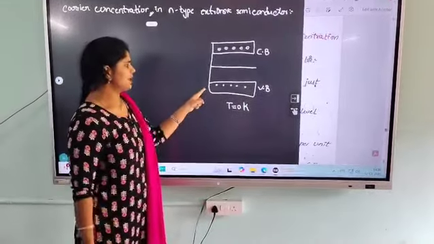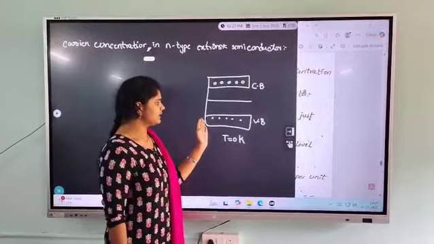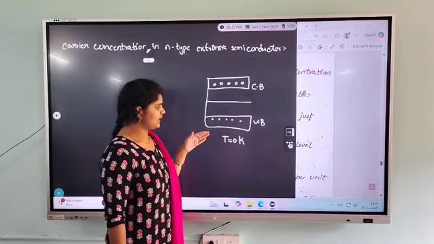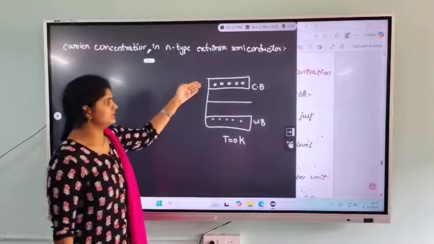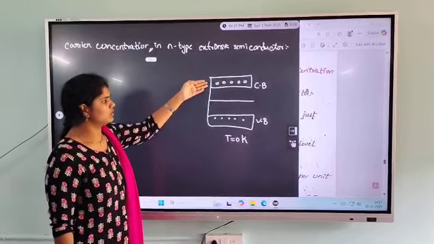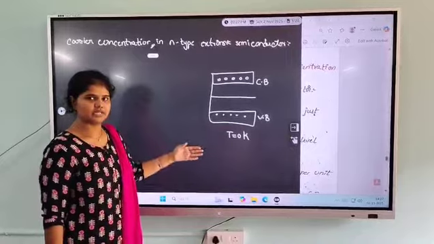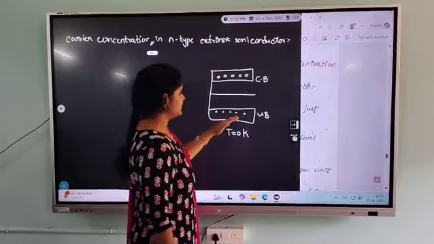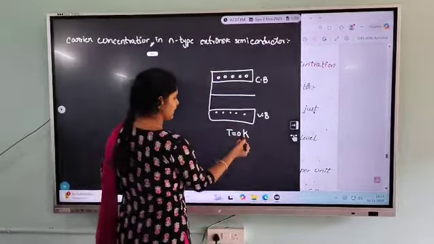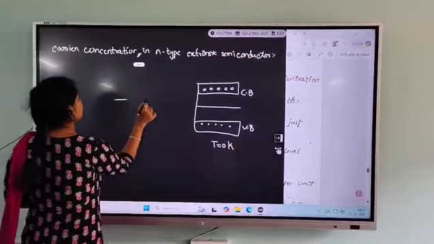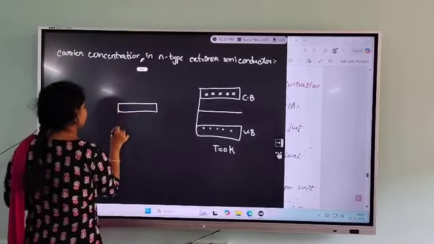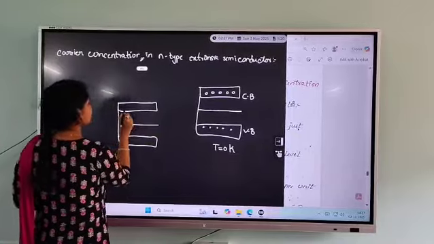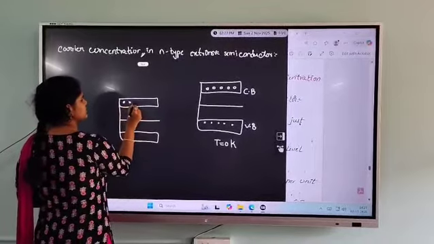This is the valency band. In this valency band, they all are electrons. This is before applying the temperature. In the conduction band, they all are holes. After applying some temperature, all electrons will go to the conduction band, and the conduction band will fill with electrons.